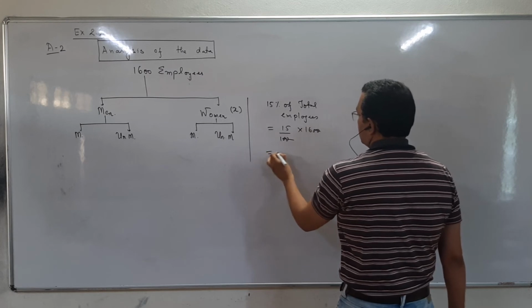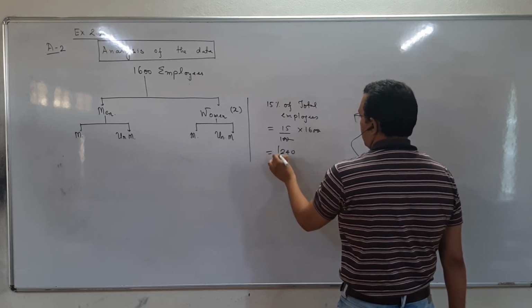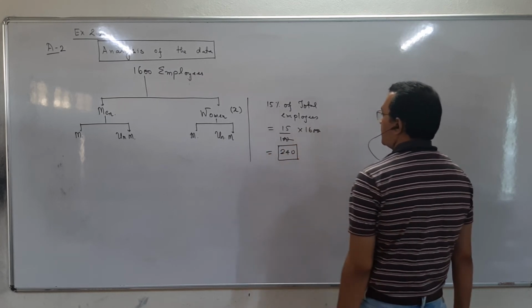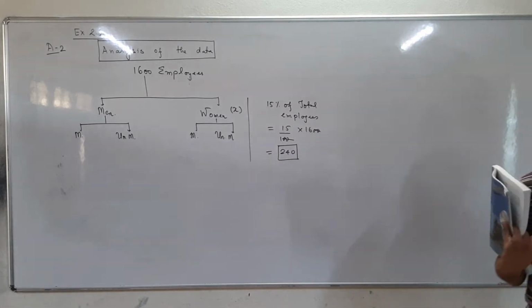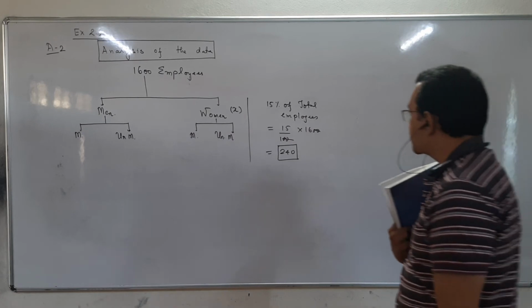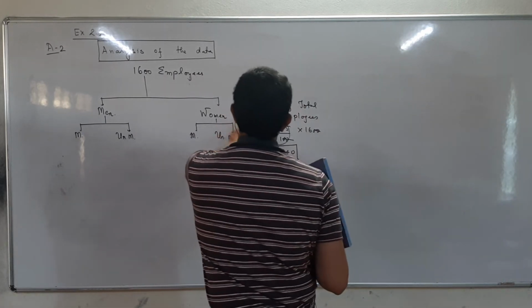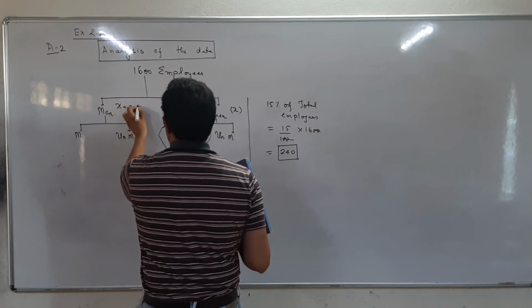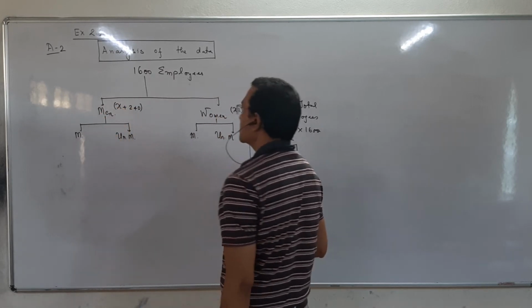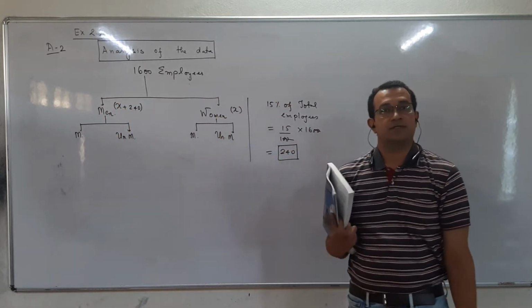This gets cancelled, so this is 240. 15 sixteens are 225 plus 15, so 240. It means if women were X, men were X plus 240. This is what is given.